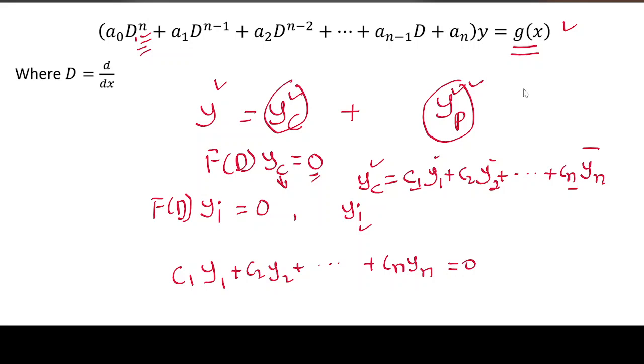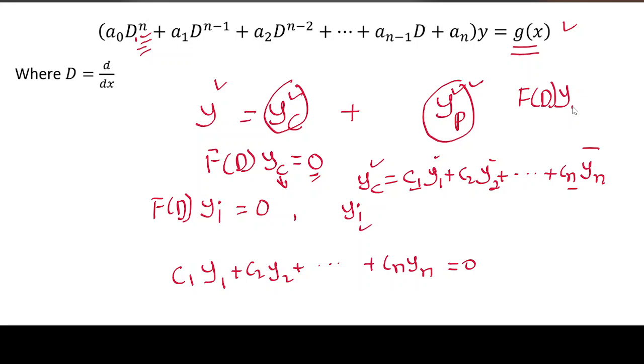That is, when I operate f of D on this particular integral yp, I will get g of x. This yp is called the particular integral. So that's it about the complementary function and particular integral.